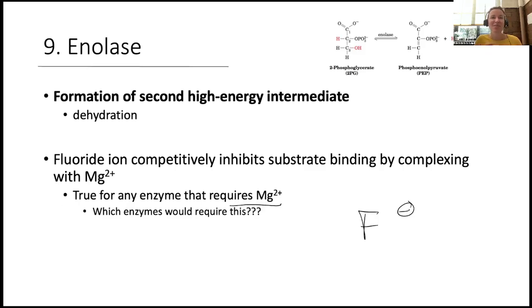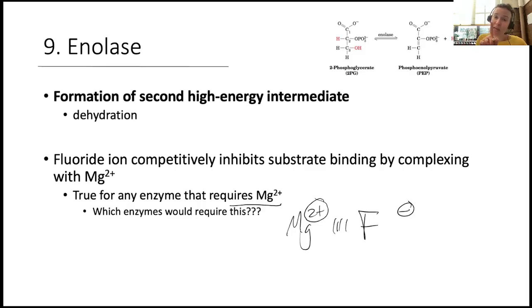Okay, so the fluoride ion, folks, is able to complex with magnesium. What do I mean by that? It performs a favorable non-covalent interaction where they kind of just bond, interact with each other non-covalently. So it's able to kind of grab magnesium. There are a lot of enzymes in glycolysis that require magnesium to do charge stabilization. So I thought that was interesting.